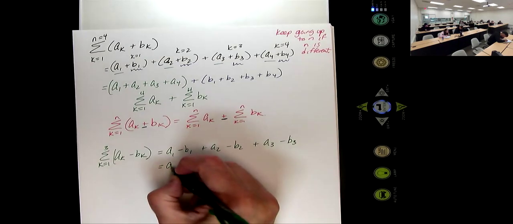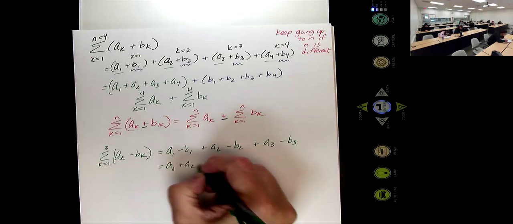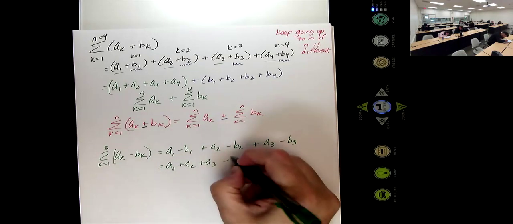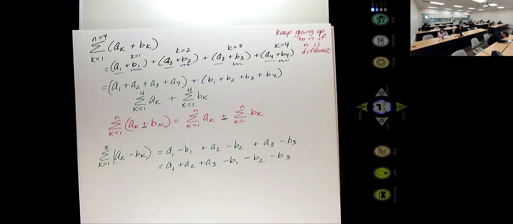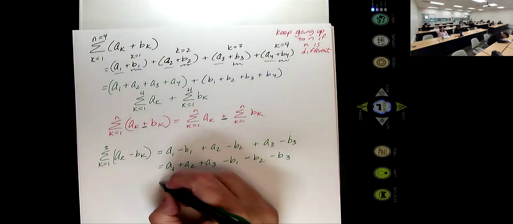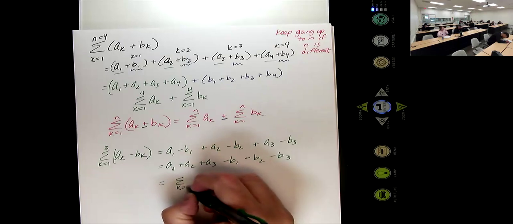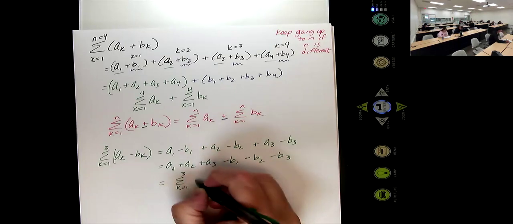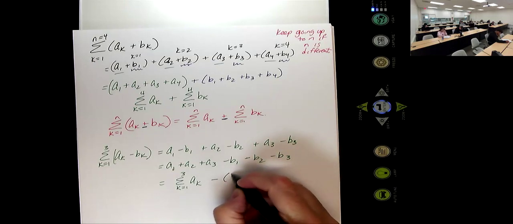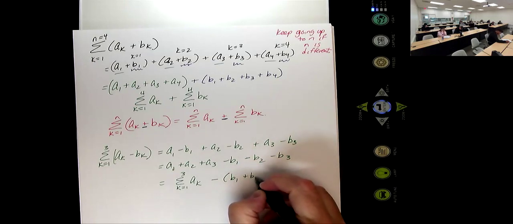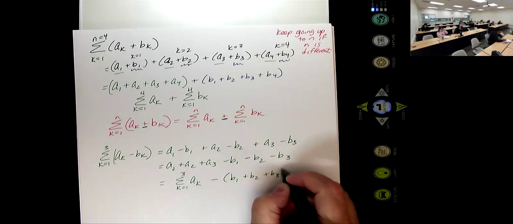Group the A's together, group the B's together. That is k equals 1 to 3 of a sub k. I'm gonna factor out the minus on this before I do that part of the summation.